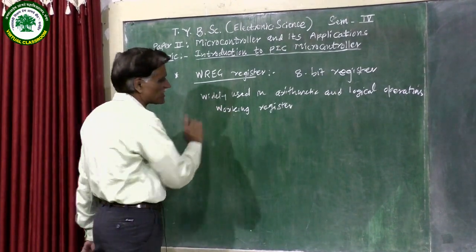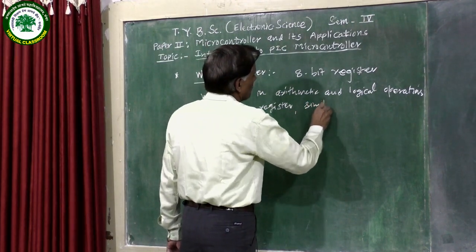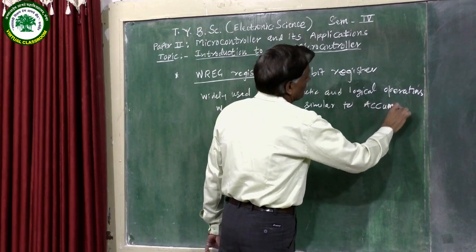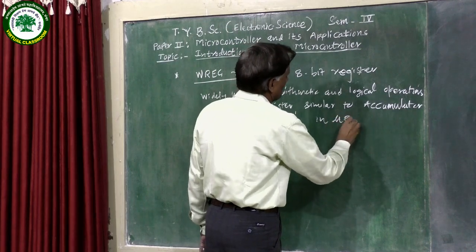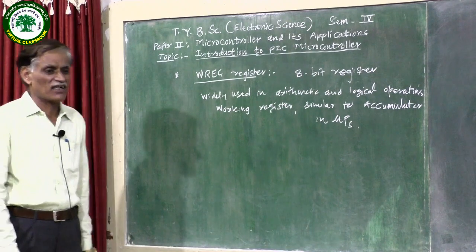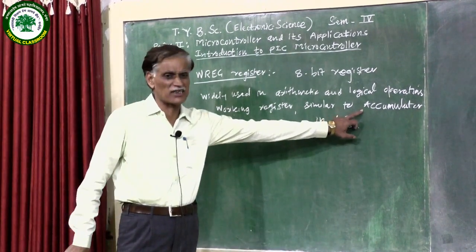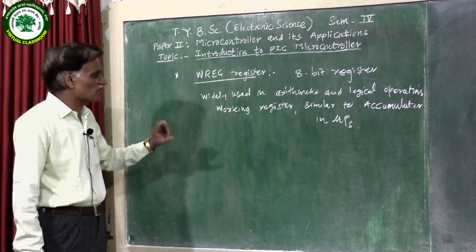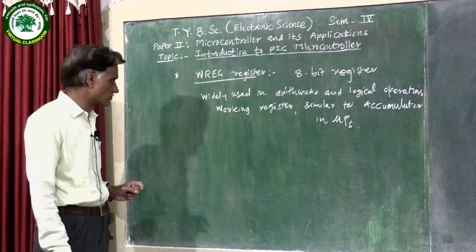The working register is similar to the accumulator in microprocessors. Microprocessors or microcontrollers have a versatile register inside them, and already you know the name is accumulator. As far as PIC Microcontrollers are concerned, instead of the accumulator, the WREG register is used.